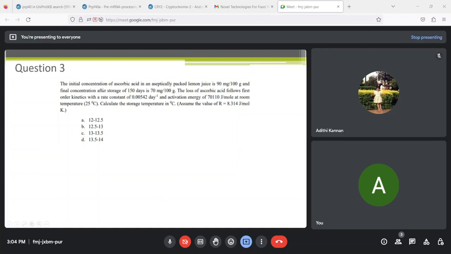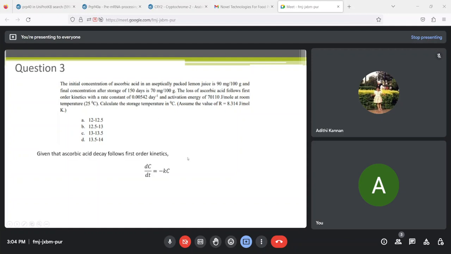But we do not know at what temperature the storage is happening. That is, what is our storage temperature. That is what we need to calculate. What is given is that it follows first order kinetics and the rate constant is given. The activation energy is given, and this rate constant is at 25 degrees Celsius as mentioned here.